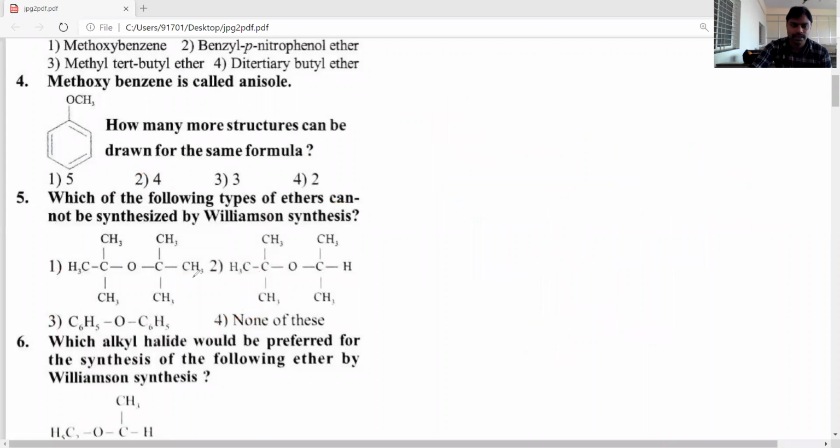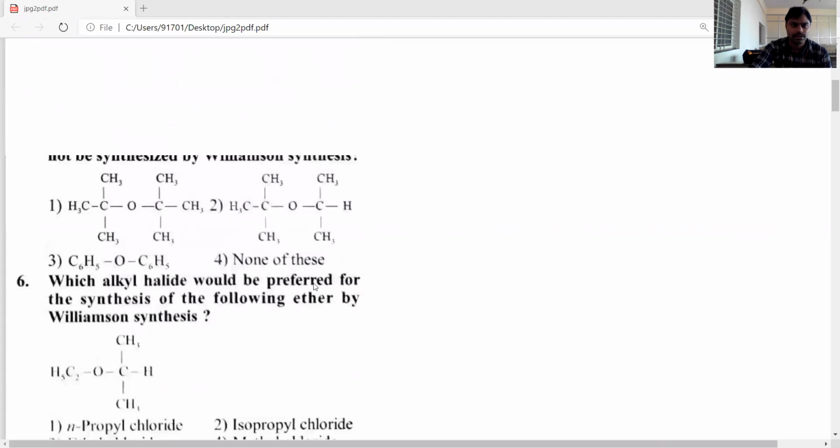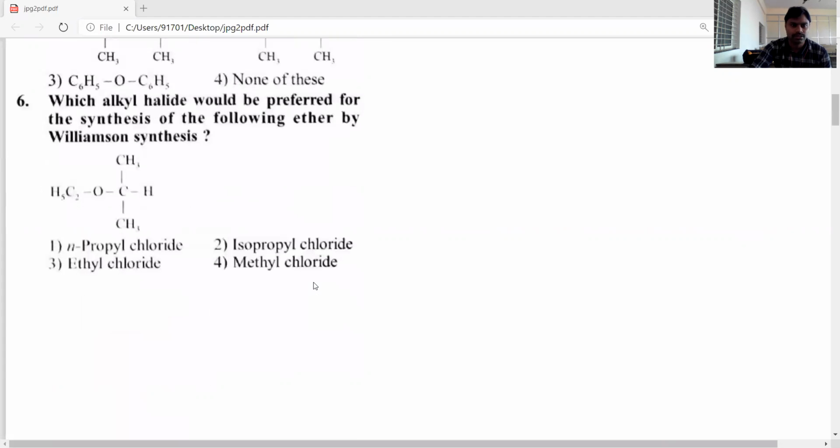Okay, students, let's go for the sixth question. Which alkyl halides would be preferred for the synthesis of the following ethers by Williamson ether synthesis?